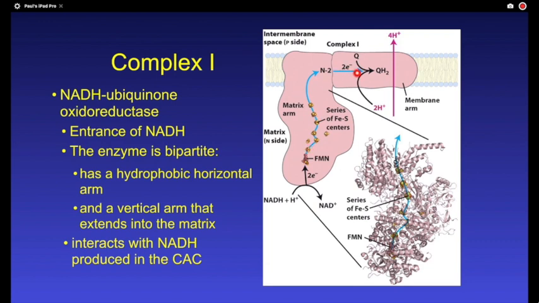It will jump up here until it gets to the surface of this particular protein, where the Q that has no electrons can bind to a pocket. Okay, so this is mobile. It looks like it's embedded, but this one is mobile, meaning that it can bind to the protein and then move back into the membrane. And it will sit there until it takes the 2 electrons and picks up 2 protons, and then it can be mobile and move on. All right.